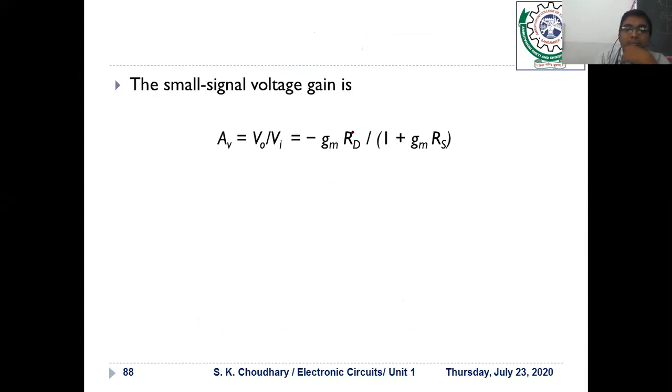So what are the values of all this? You have to see. gm has come. RD is given as 7K, upon 1 plus, what is the value of gm we have got?